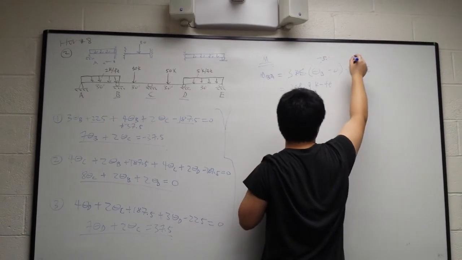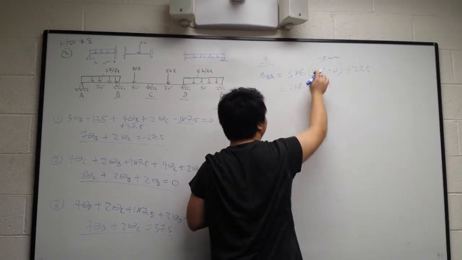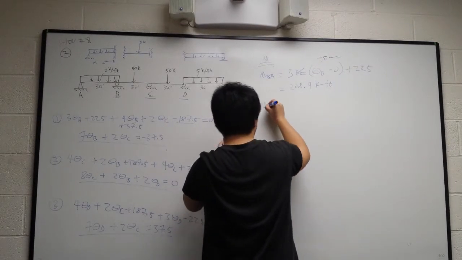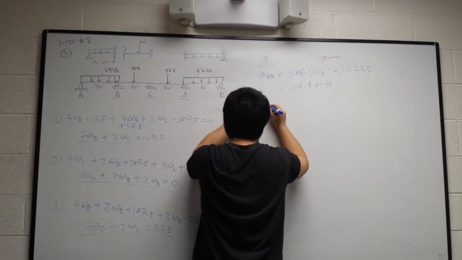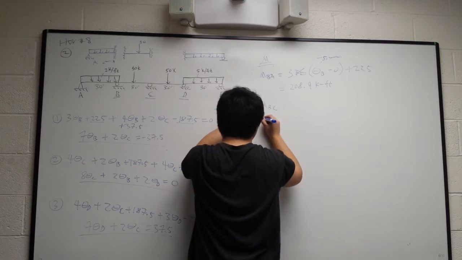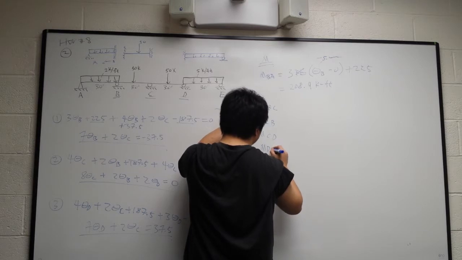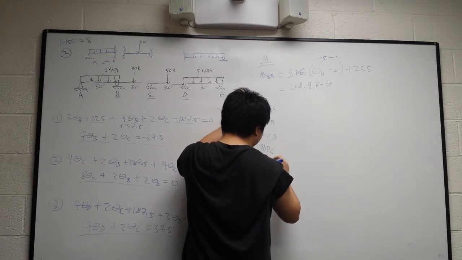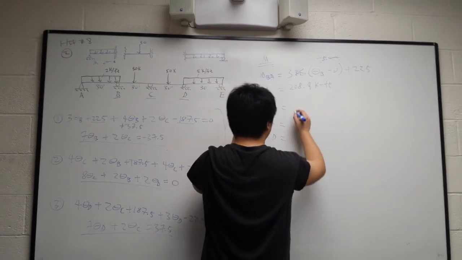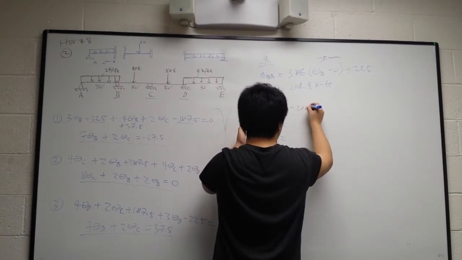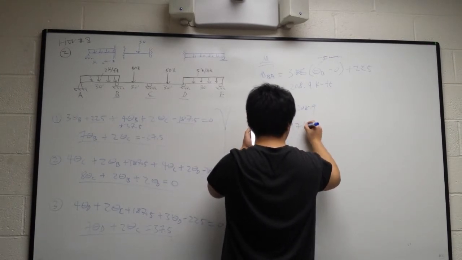What number did we just get? 5 point something. You put the number into this, and you're gonna get this. And for MBC, MCB, MCD, MDC, 6.8.